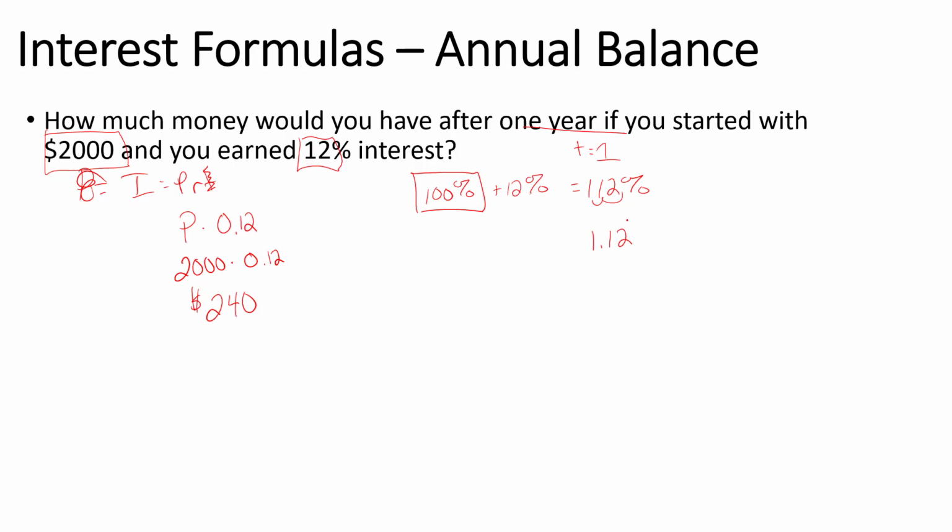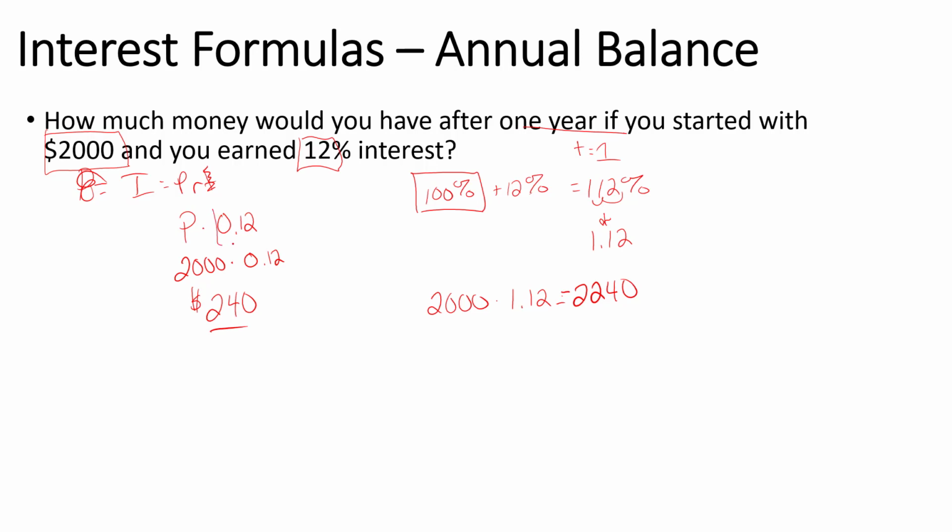Now, since this is our decimal rate that we would plug in, we could then multiply 2,000 times 1.12. Go ahead and do that in your calculator. 2,000 times 1.12. And notice you get $2,240. Well, why did we end up with a different answer than what we had before?